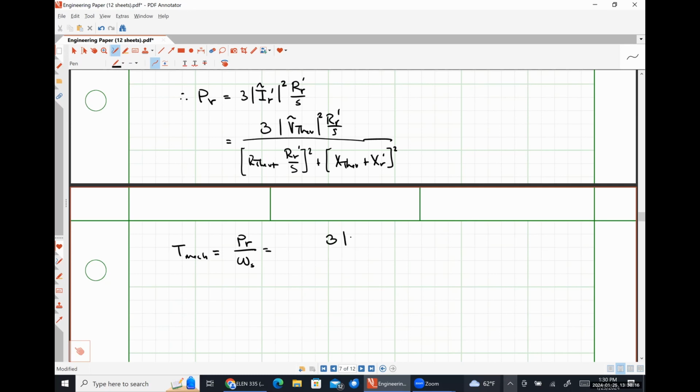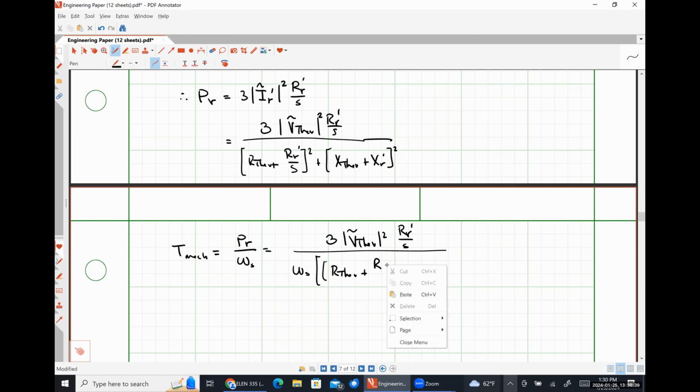So 3 times the magnitude of the Thevenin voltage squared times RR prime over S, divided by omega S times the quantity R Thev plus RR prime over S, squared, plus X Thev plus XR prime, squared.